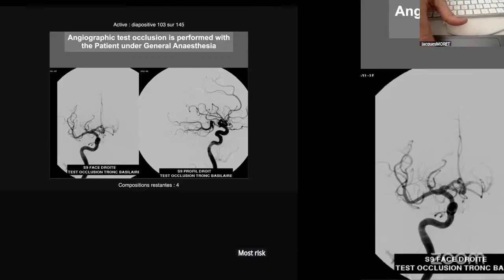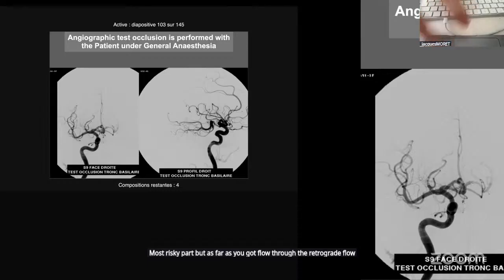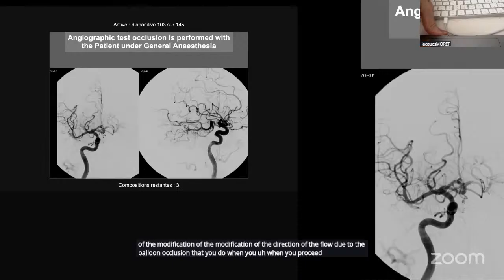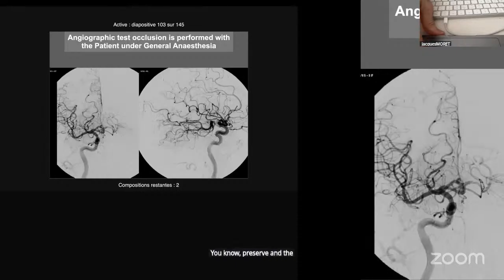But as far as you got flow through the retrograde flow because of the modification of the direction of the flow due to the balloon occlusion that you do when you proceed with the balloon test occlusion, you can clearly understand that the most dangerous part of the basilar can be safely preserved, and the aneurysm can be treated if you occlude it very nicely.